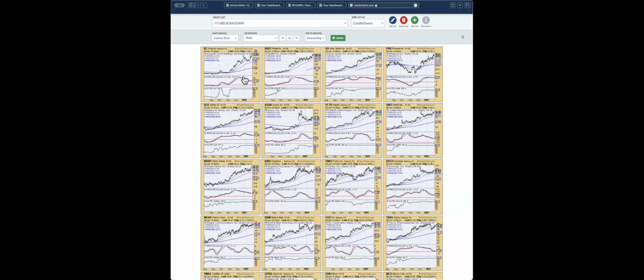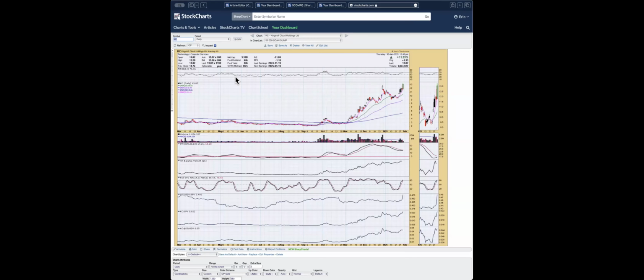Now, the one part about this is that these stocks here at the top probably have overbought RSIs. In this case, yes, the RSI is overbought, but we're still seeing pure strength on this chart. We're seeing a PMO bottom well above the zero line, and it's going in for a crossover buy signal. We have a breakout on the chart. We have stochastics getting above 80. We have relative strength.